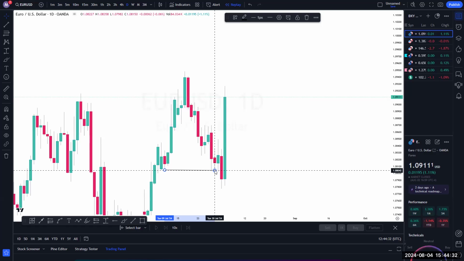Price was supposed to form. Let me first receive this. Meaning that price has performed a shift point.